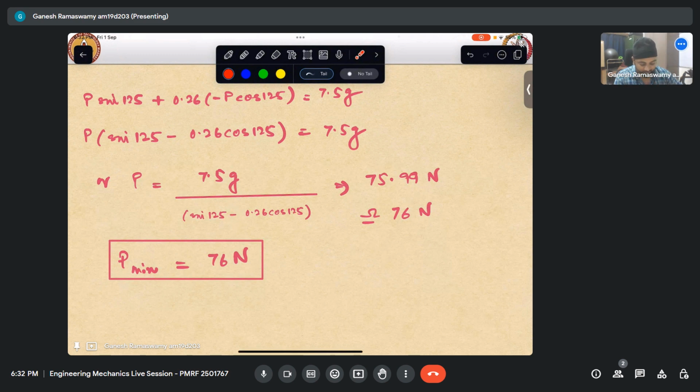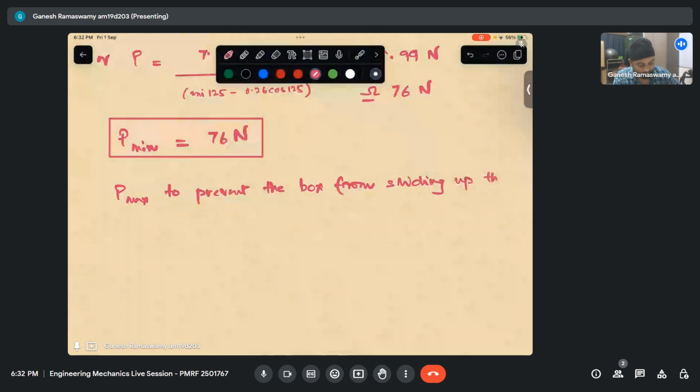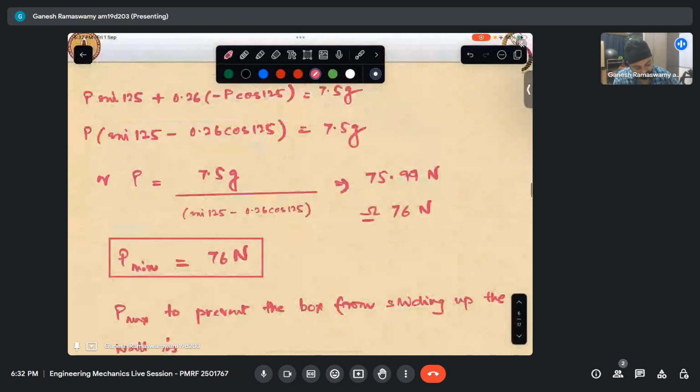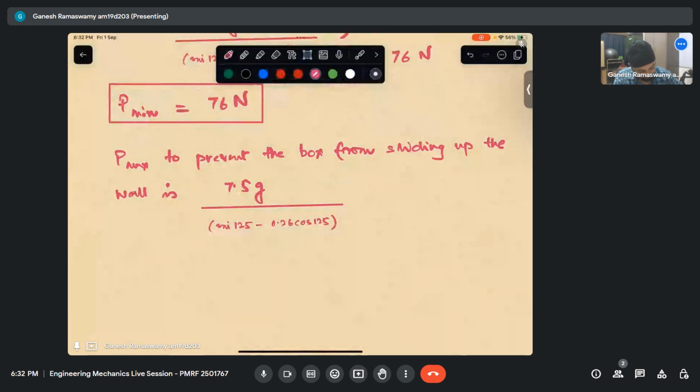So P max, to prevent the box from sliding up the wall, is nothing but this quantity with its sign changed.